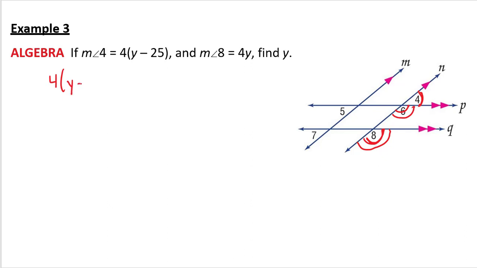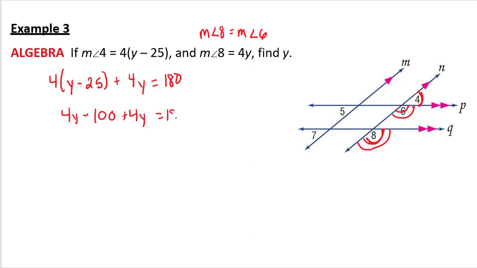So this one is a little bit more work. Now I have to do some algebra here. I have 8y. If I add that 100 over, I get 280. If I divide, we get 35.